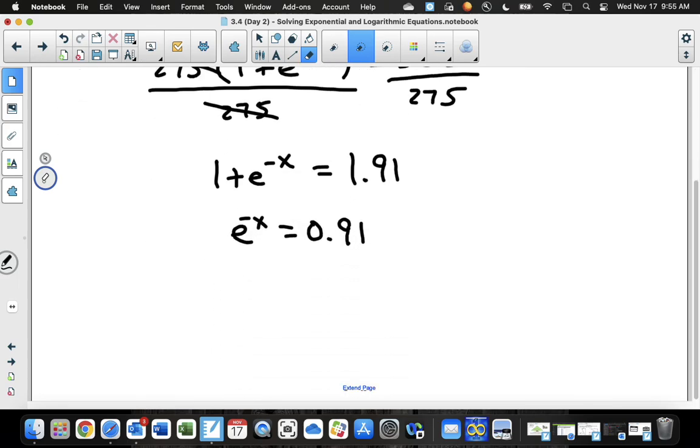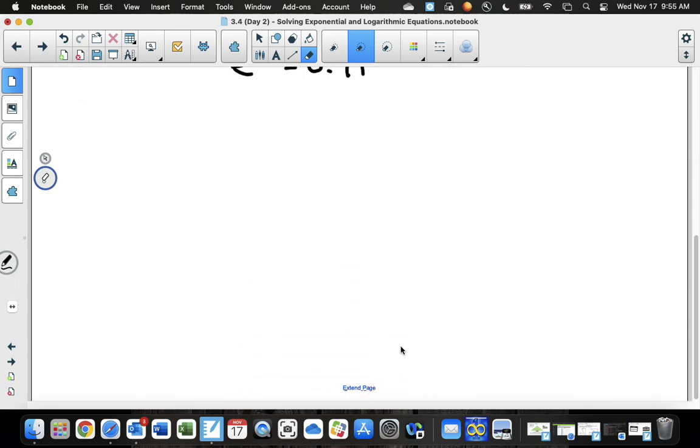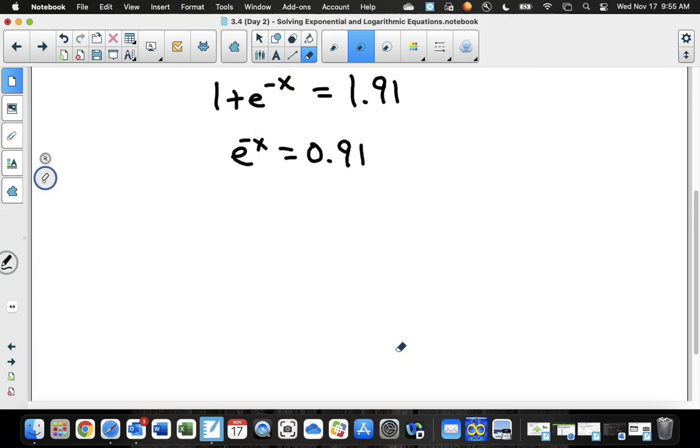And now, once again, we've got it to the point where I am ready to switch this into logarithmic form. You've solved for the exponential part. Now we're ready to switch forms. Since it's base e, we take natural logs: the natural log of 0.91 equal to negative x, the exponent. Plug in natural log of 0.91 into your calculator.